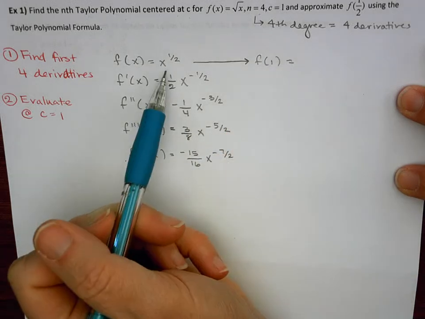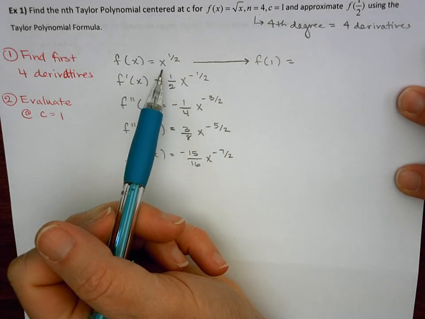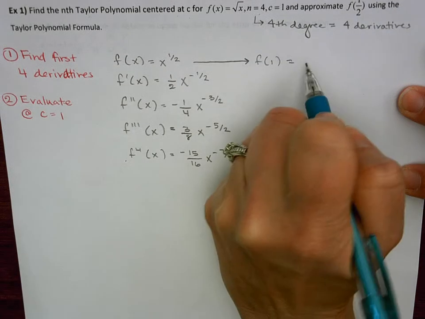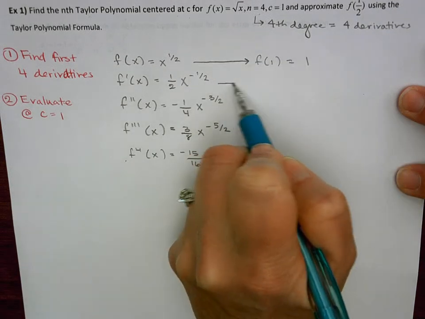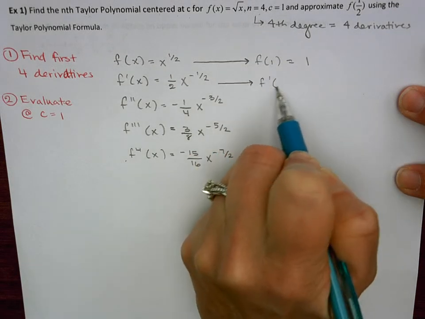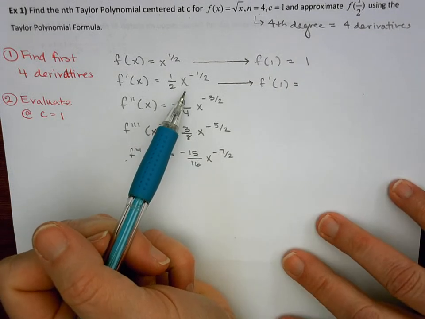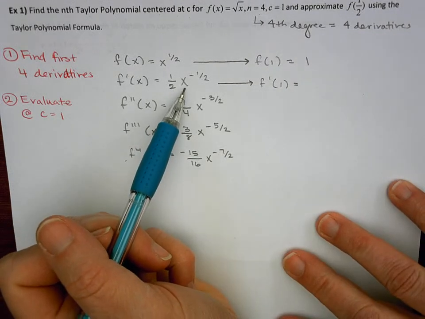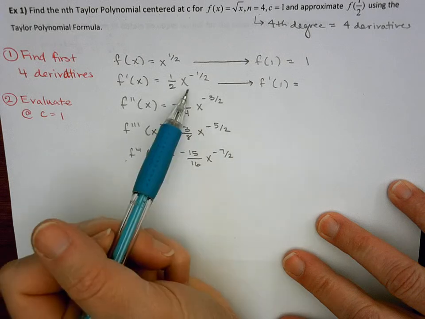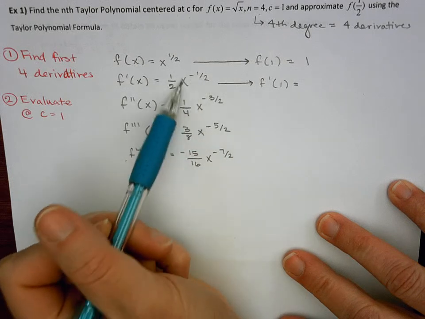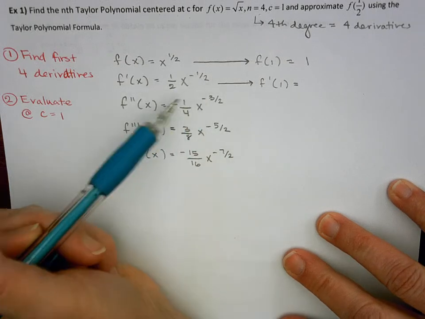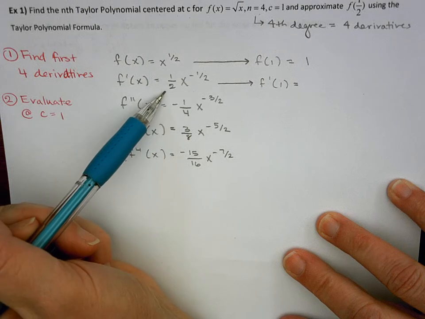So when I replace x with 1 and I take the square root of 1, I'm just going to get 1 back. Same thing here: regardless of my power on x, as long as my value for x is 1, this portion is going to be 1. So 1 times 1/2 will just give me 1/2.